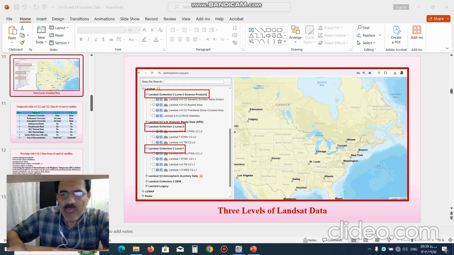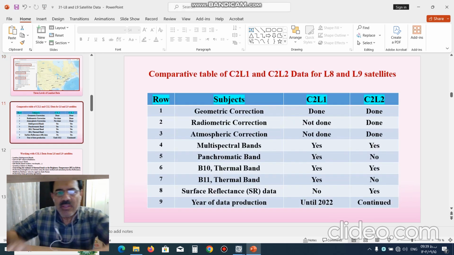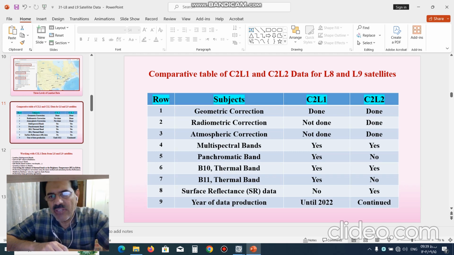And we can see the difference between Collection 2 Level 1 and Collection 2 Level 2 in this slide. For example, number 1, geometric correction in Collection 2 Level 1 and Collection 2 Level 2: done and done.